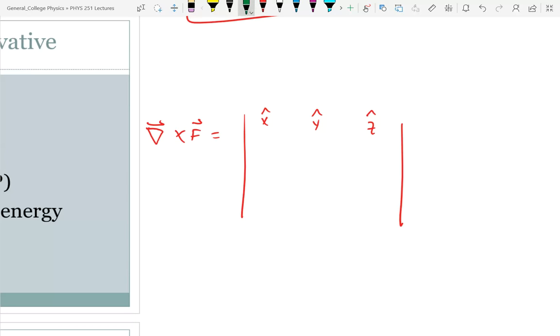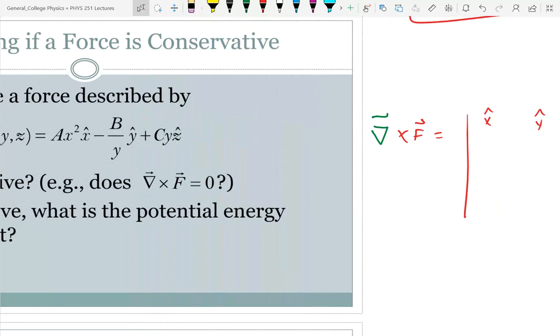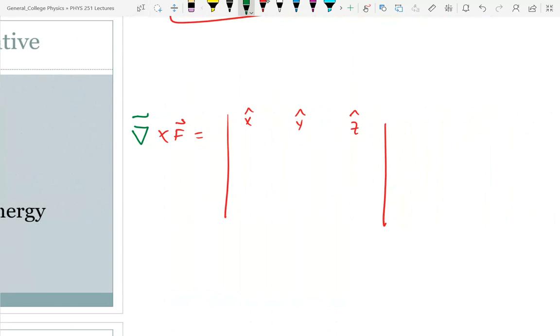And let me do some color coordination. The second row is going to be the first thing in the cross product, our gradient operator, which in the x direction is d dx, in the y direction is d dy, in the z direction is d dz.